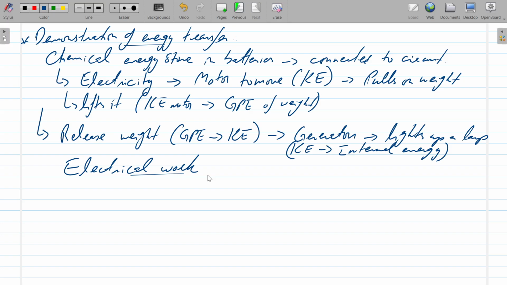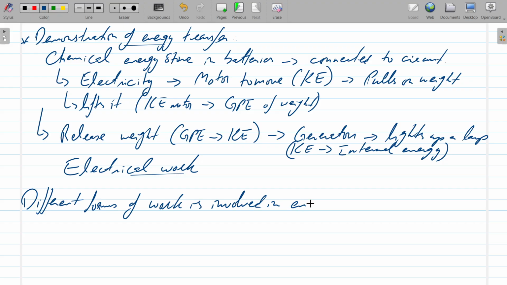So there are different types of working involved in energy transfers. So this is going to lead us into the topic of work. Different forms of work are involved in energy transfers, right?